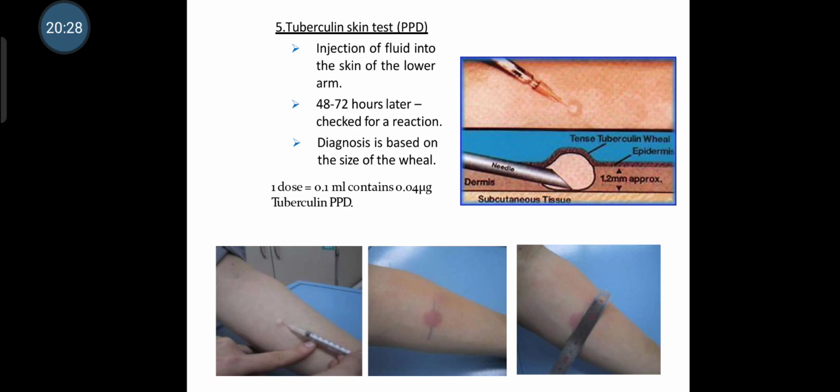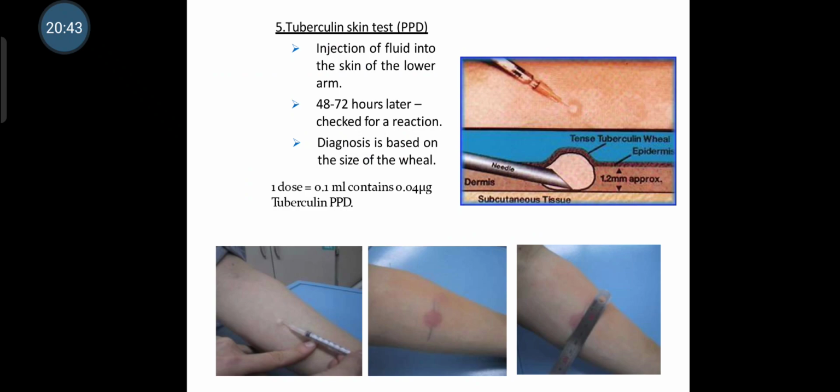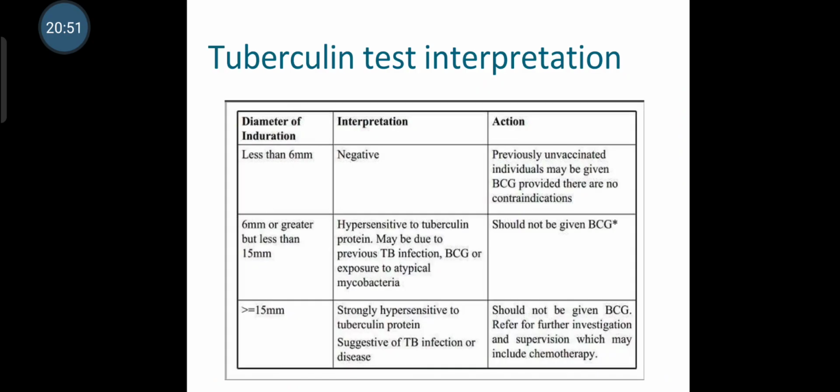So if the person is suffering from Mycobacterium tuberculosis, then he gives the following reactions, depending on the formation of the wheal, that is the circular shaped red colored structure, because of injection of the live attenuated mycobacterium.